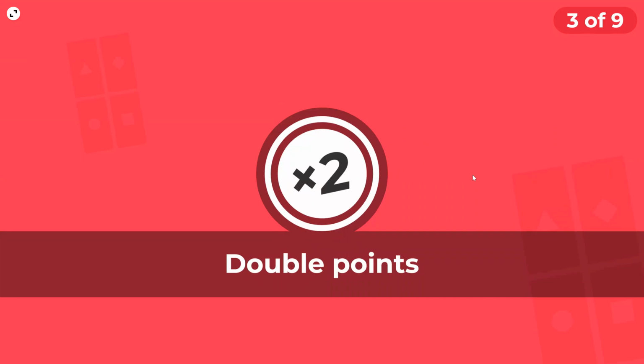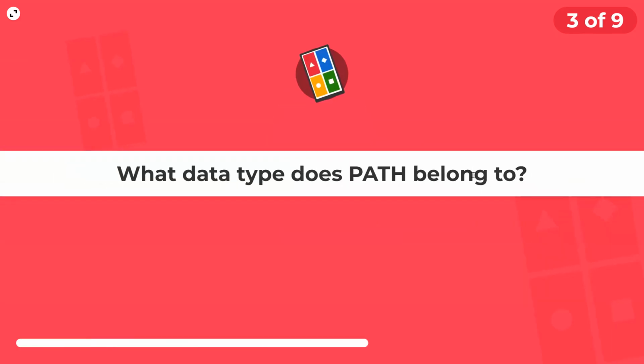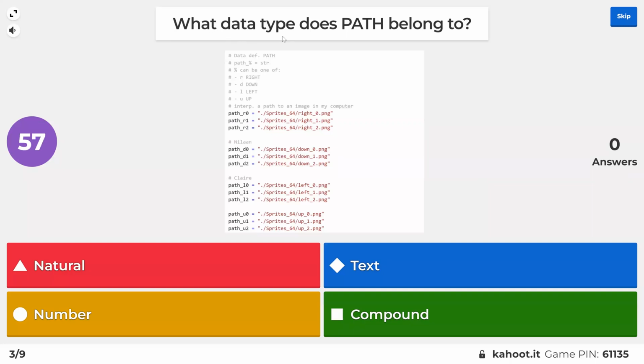Question number 3. Double the points. What data type does pad belong to? Look at pad. What do we have? Pad has a series of what? Red triangle, natural; blue diamond, text; orange circle, number; or green square, compound.